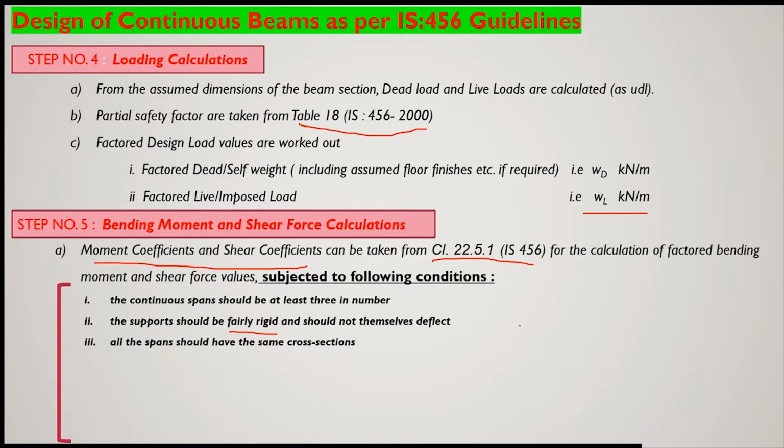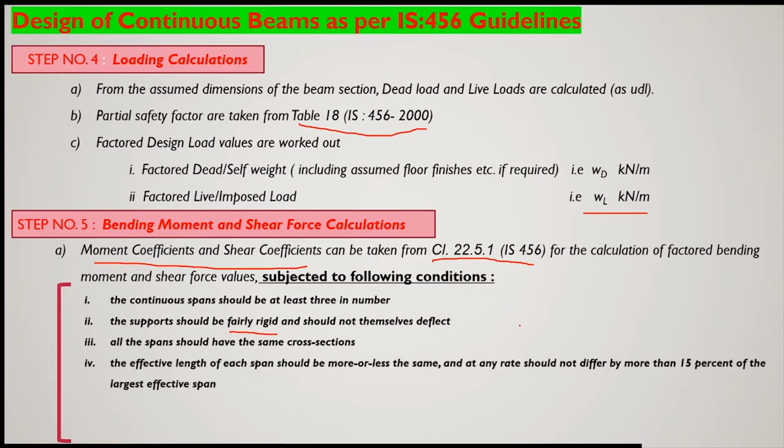Otherwise, in general, we will use the same section throughout the different spans in the design of a continuous beam. But if there is any special requirement or special condition, then you have to go through the moment distribution method for the calculation of bending moment.